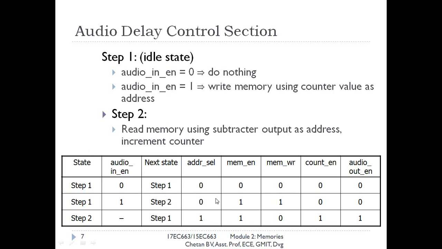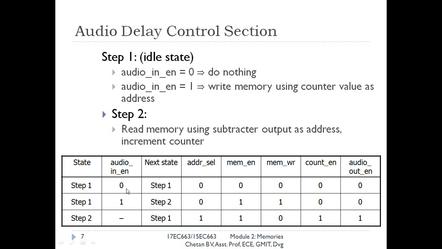As we have discussed in module 1, the design involves generation of two important tables. The first one is the next state logic table, and the other is the output function table. This table combines both together in a single table. As you can see, step 1 is the idle state. The FSM depends on the control signal audio in enable.